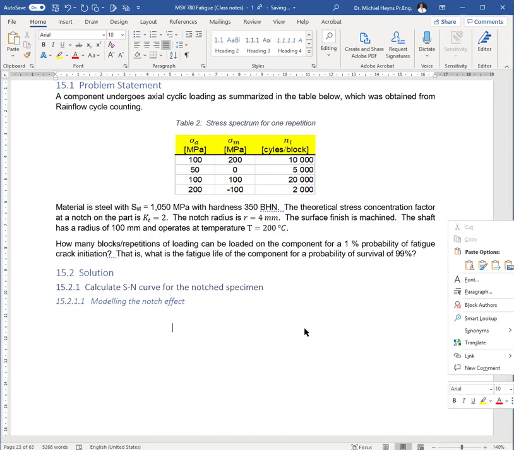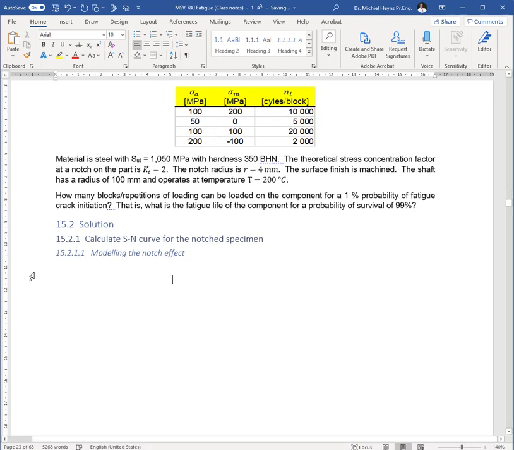Our first step will be to model the notch effect. In this case, they gave us the theoretical stress concentration factor.